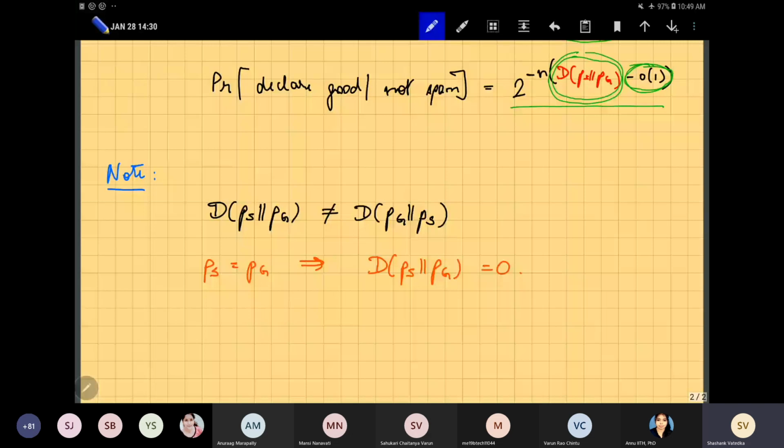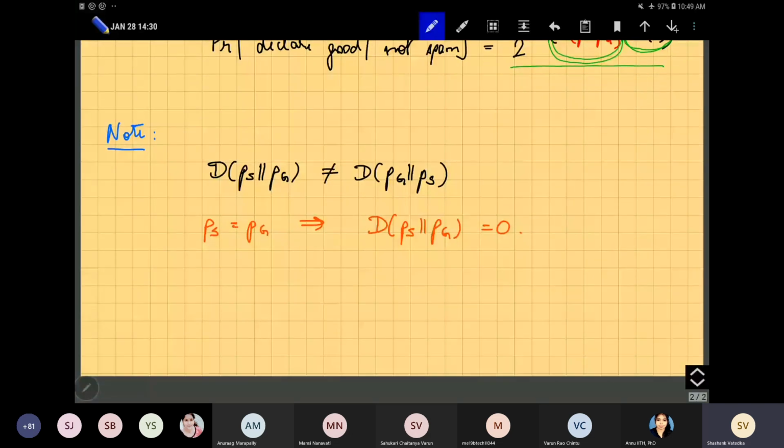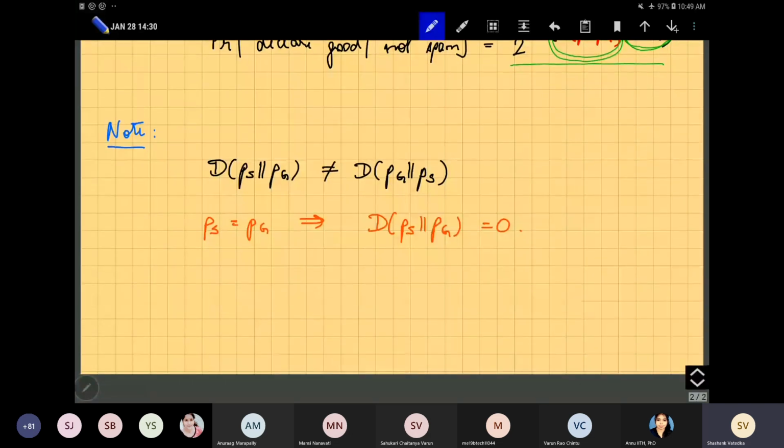So you have an email. If someone decides to send you a good email, then what you observe is a sequence x1, x2 up to xn, where each xi is distributed according to the good distribution.